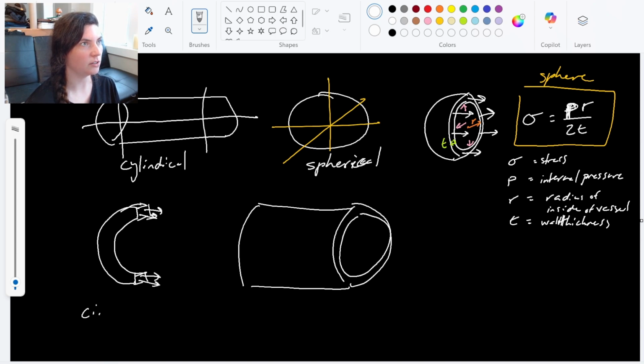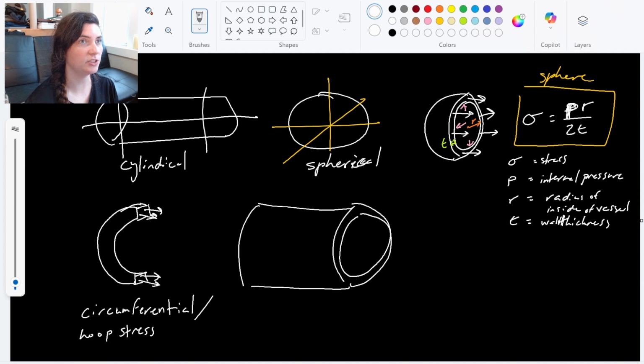So this is what we call circumferential, as in referencing the circumference. Circumferential, or the much easier to say, hoop stress. You can say circumferential stress or hoop stress is what we see in this diagram on our left here.